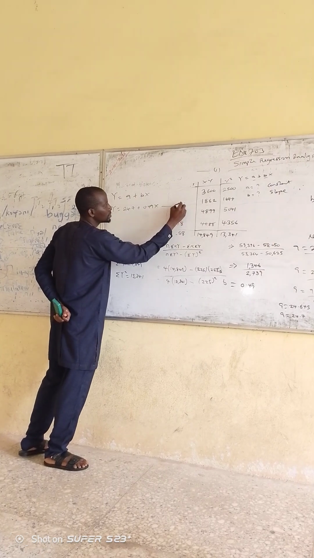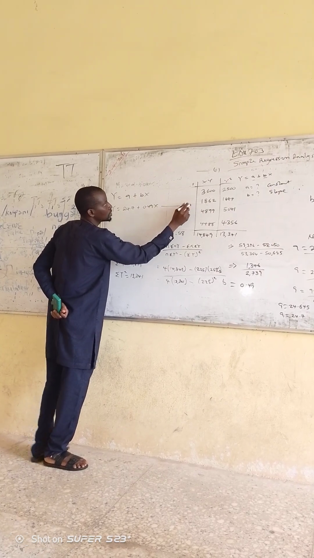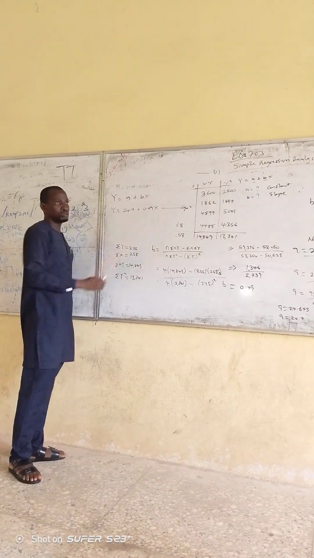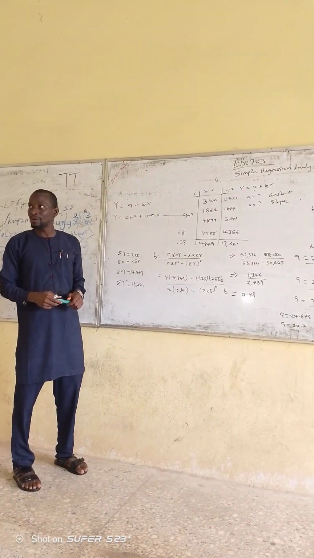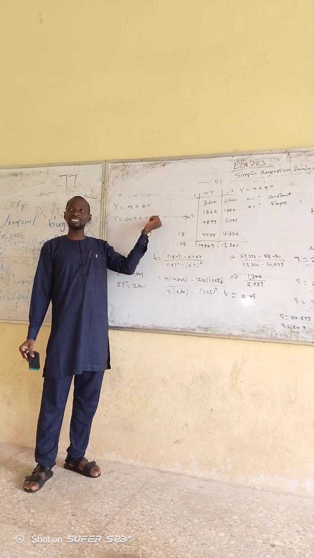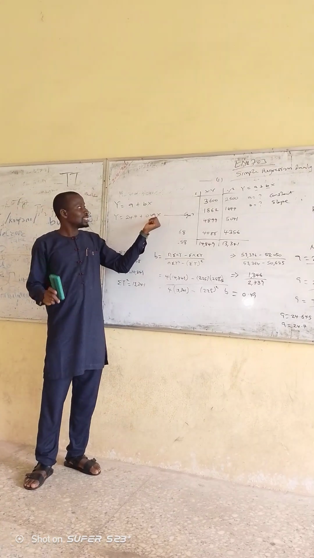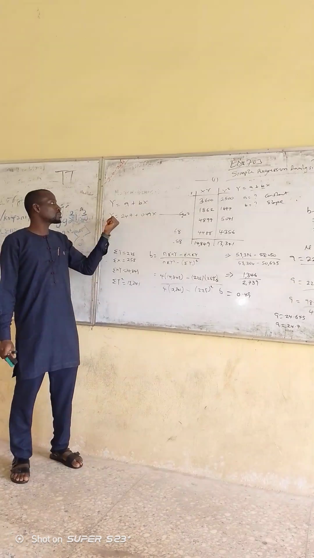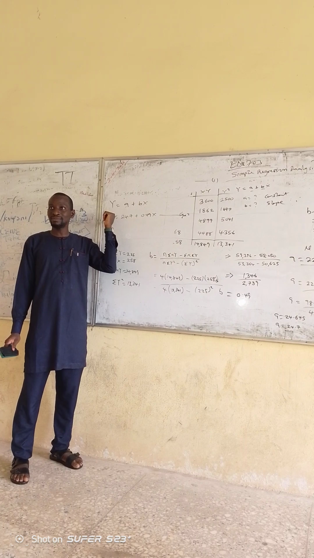Regression model, equation 2. Unlike equation 1 that we have here. From this equation 2, you can use it to predict. How? If somebody scores 50 in mathematics, you can be able to tell us the score that person will get.